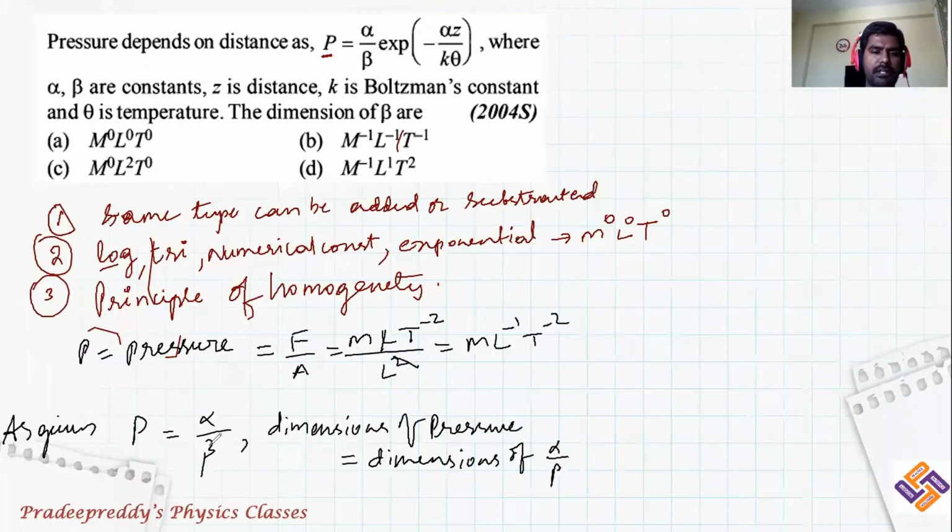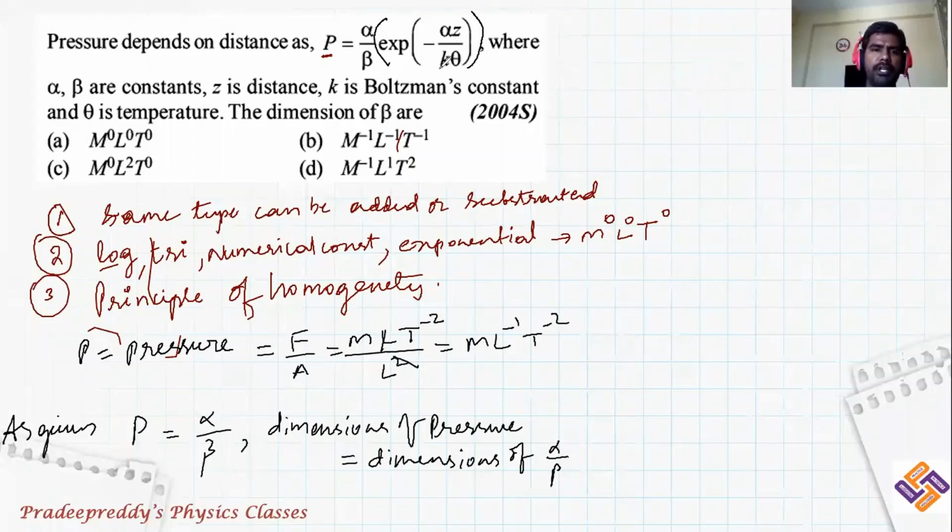Here you may have a question in your mind, sir, you are not taking the whole expression, you are only taking alpha by beta. I am not including this total part because it is inside the exponential function.